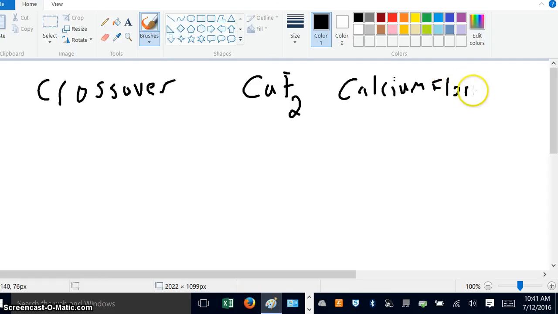Oh, there's a U in there, that's right. Okay, so this is the way you write that molecule. This is the way you would draw that molecule. So let's use what's called the crossover technique. I think this is a good example to do that with.